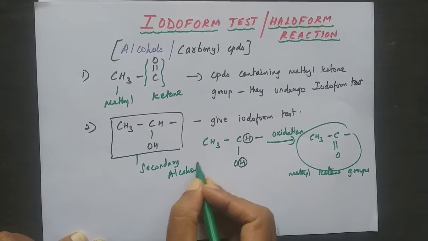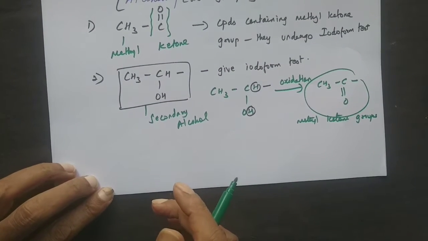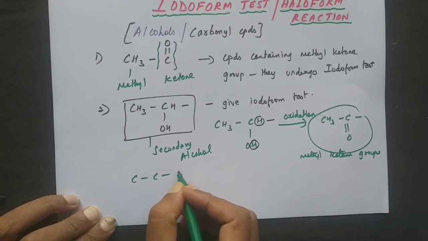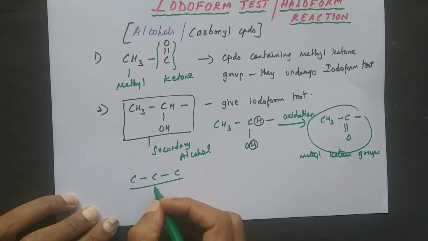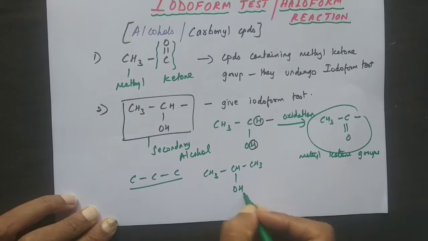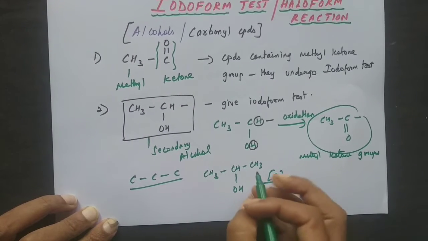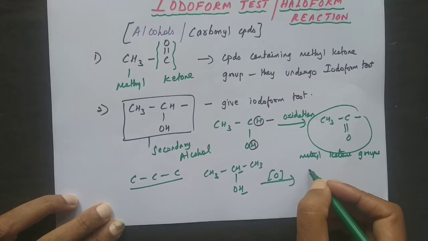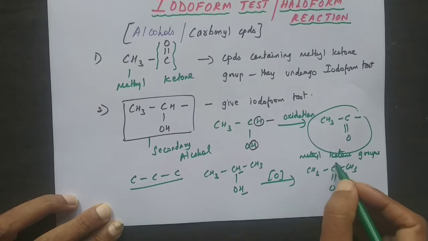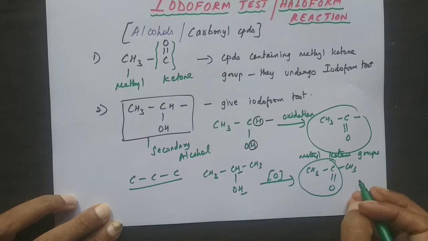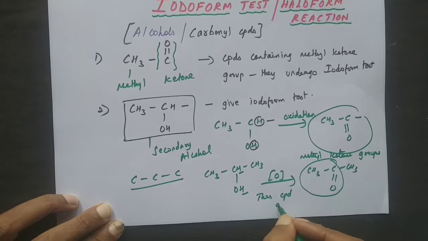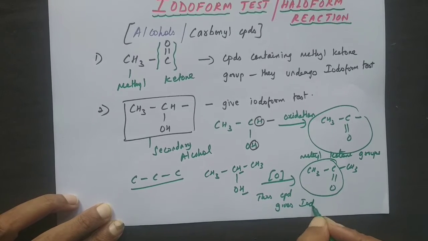A very good example: when we take CH3, CH and CH3, isopropyl alcohol, on oxidation we remove this hydrogen and this hydrogen, and I end up getting CH3, CH3 and the double bond O. Here we can clearly see a CH3CO group, the methyl ketone group. That's why this compound gives the iodoform test.